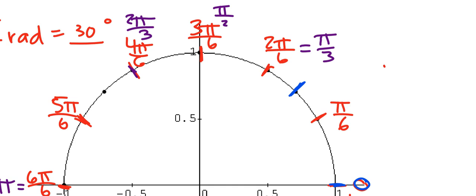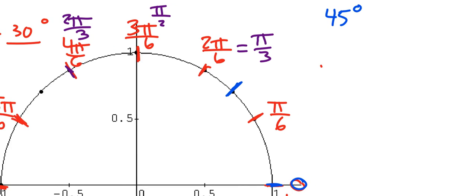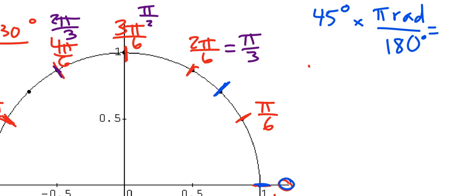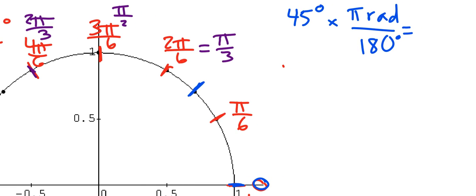Now, what is 45 degrees in radians? If we multiply by pi radians over 180 degrees, what do we end up with? How many times does 45 go into 180? 4 times. So pi over 4 radians.